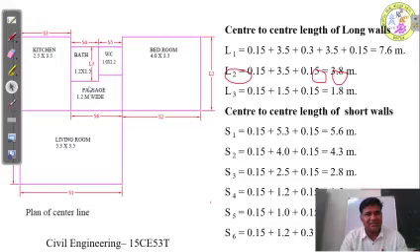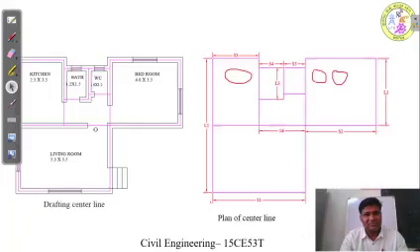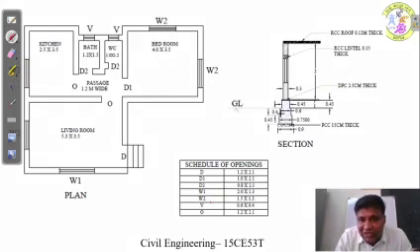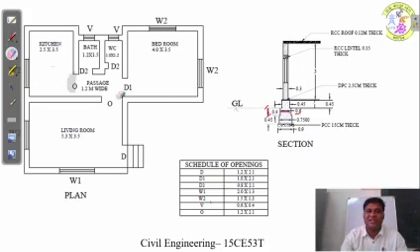See in this drawing, the width of the second step from here to here, how much is it? 0.6, and the depth is 0.4. Okay, width is 0.6 and depth is 0.4.